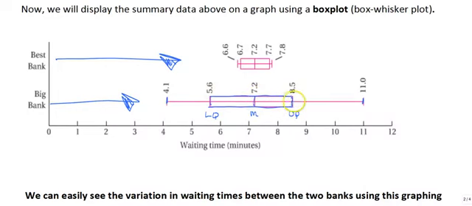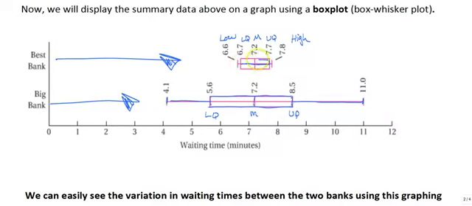And then from that box, you're going to draw whiskers to each of those extreme values, your low and your high. So same thing here. We've got the low value, we've got the high value, and then in between, we have the low quartile, the median, and the upper quartile.